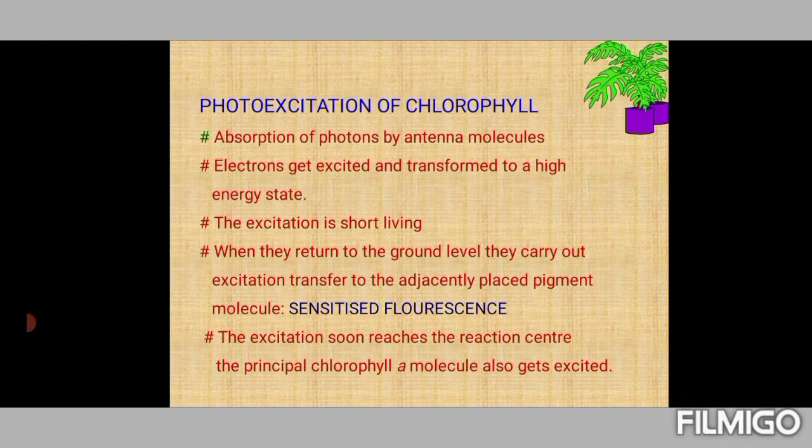The excited electrons transfer their excitation energy to the adjacent molecules, which is a short-living process. This process is called sensitized fluorescence. As a result, the first electron which transfers energy comes to ground energy level. Finally, the excitation passes through certain molecules and reaches the reaction center, the principal chlorophyll A molecule.